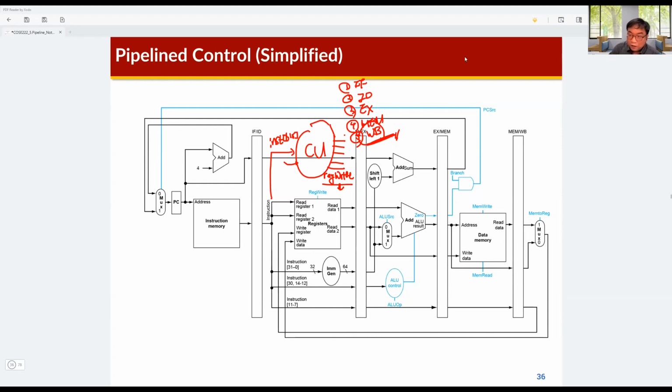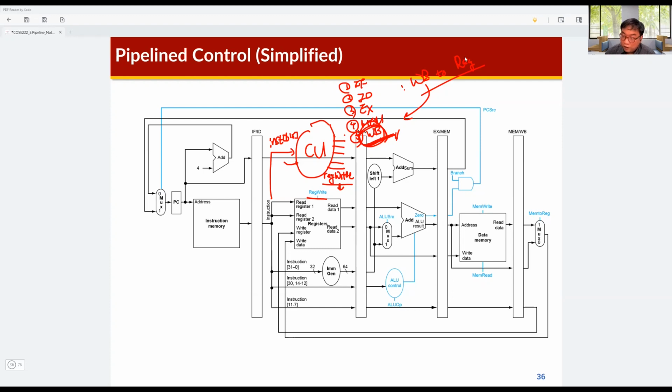The write back to reg is controlled by the reg write signal. So when the write back is performed at the write back stage, that means reg write is required at write back stage. It's the same as the write to register number.